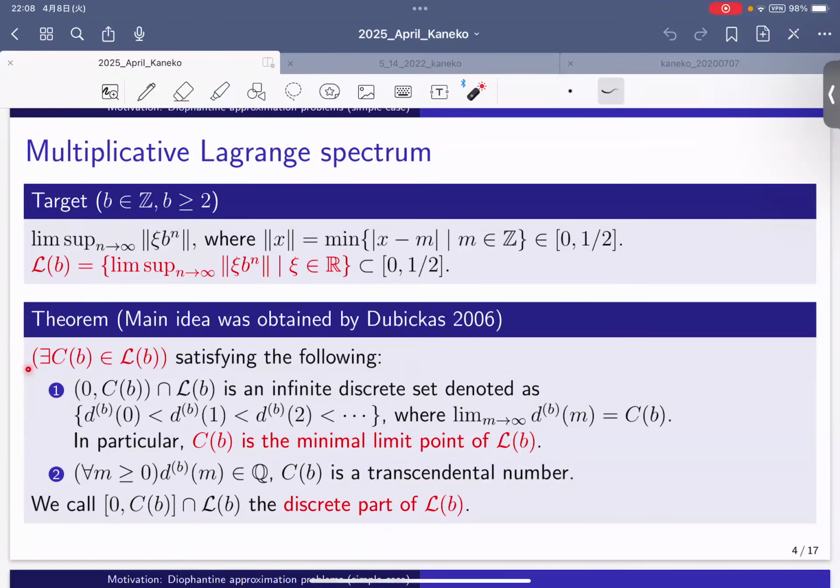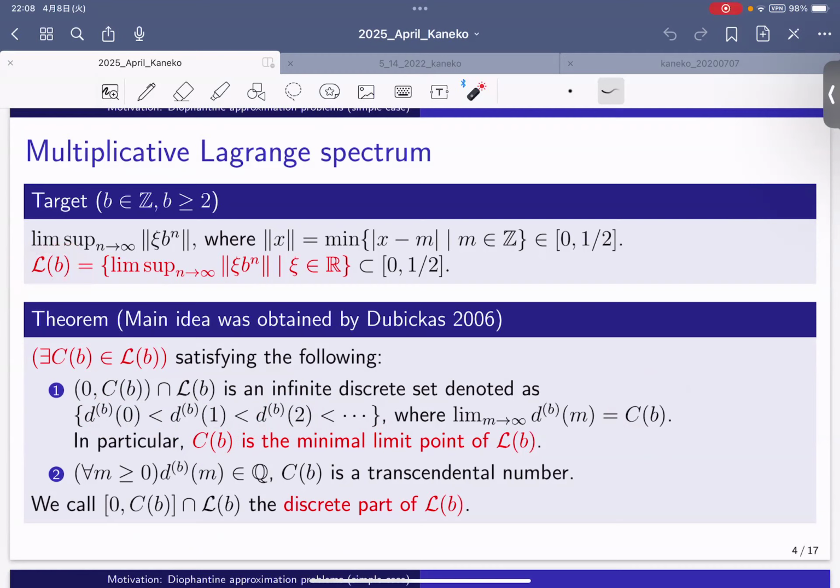That means there exists a constant c_B in this set satisfying the following. We consider the points of this L_B which are less than this value. Then they are written like this: the minimal point, the second point, and the third point, and this tends to c_B. That means c_B is the minimal limit point of this set.